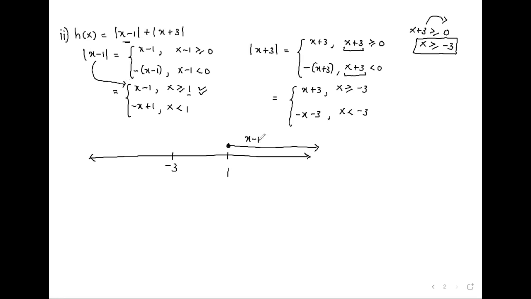And when x is less than 1, not including it, going this side, this function is -x plus 1. The other thing is you come to 3.